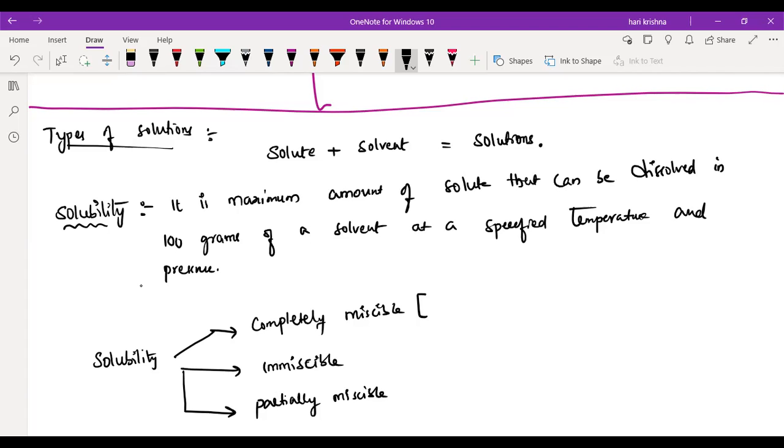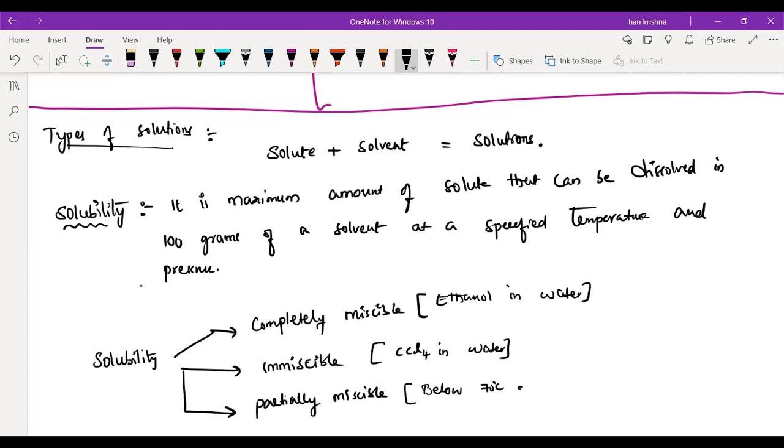Partially miscible: only a little amount will be dissolved. The remaining amount will not be dissolved at all. That is the partially miscible liquids. If you want examples for these: ethanol in water, PCl4 in water, or phenol dissolved in water.